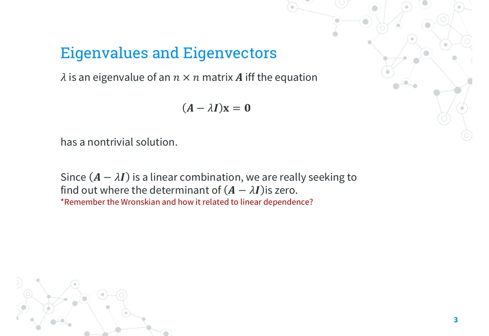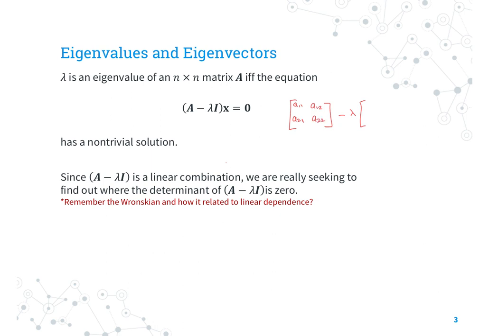So remember, I is the identity matrix, so we're taking matrix A and we are subtracting lambda from the diagonals. Because we're taking A here, which is n by n, and we're subtracting lambda times the identity matrix. So let's say we have a 2 by 2 here.